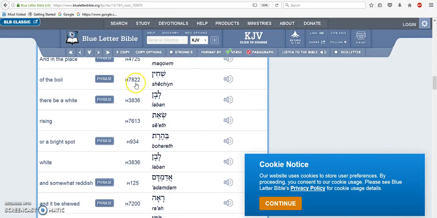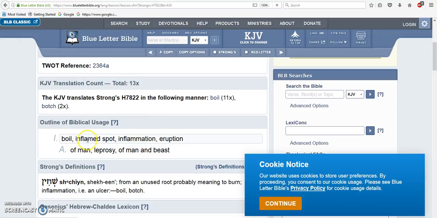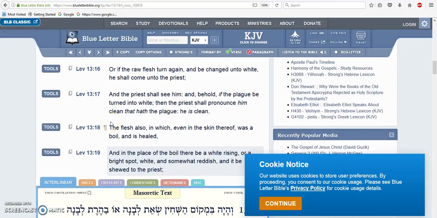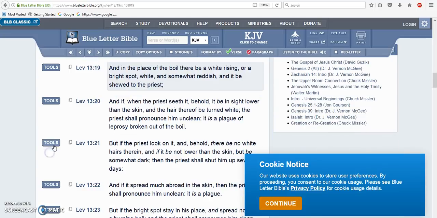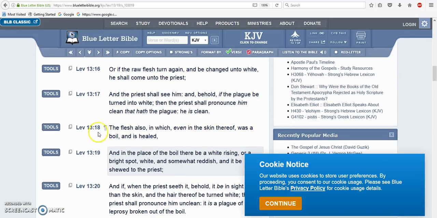If you look at the word boil, you see that it's a different Strong's number, but it means the same thing. It means boiled, inflamed spot, inflammation, eruption. And so over here in Leviticus 13, it's interesting that it comes up in chapter 13, but it's talking about boils from leprosy.